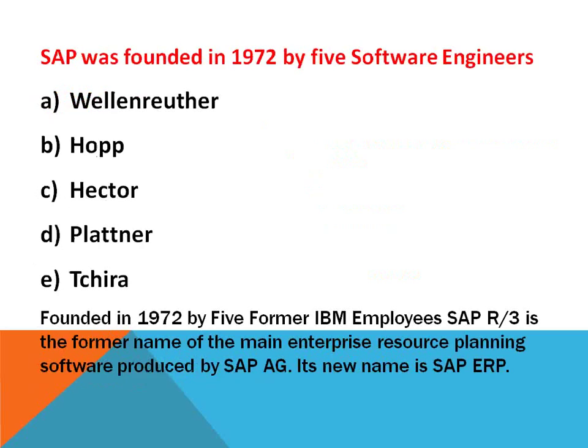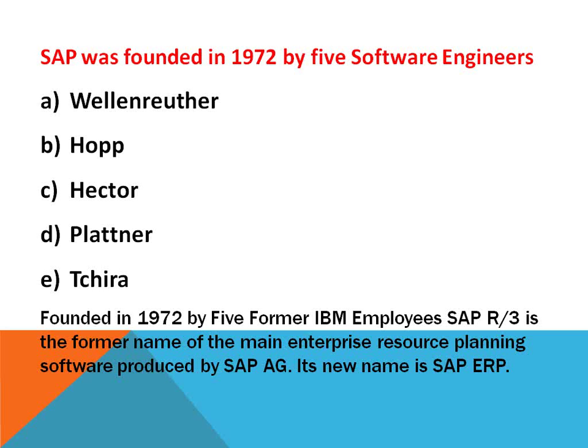SAP was developed by Wellenreuther, Hopp, Hector, Plattner, and Tschira, founded in 1975. Five former IBMers developed SAP R2 at that time, the R2 environment.